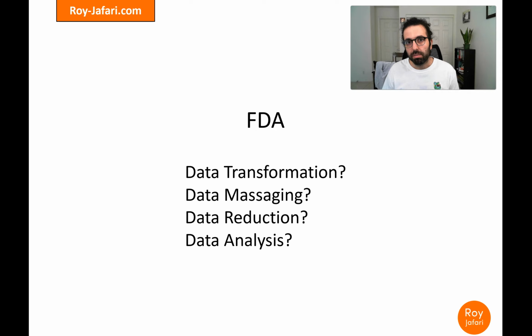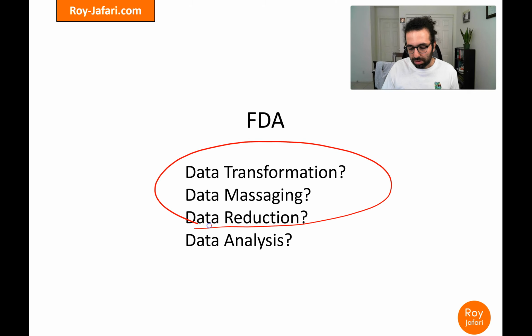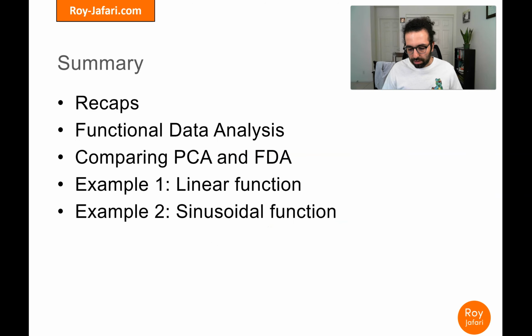So this is basically a simple introduction to that world, and as a way of unsupervised dimension reduction, it is also a very useful method, because it captures all of these steps at the same time. So whenever you are doing functional data analysis as an unsupervised dimension reduction, you're probably doing all of these at the same time.